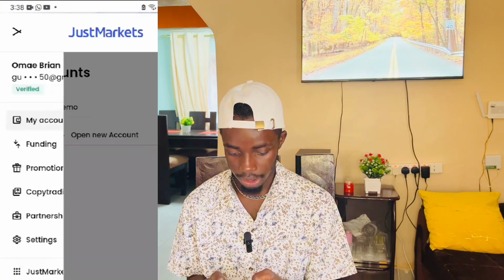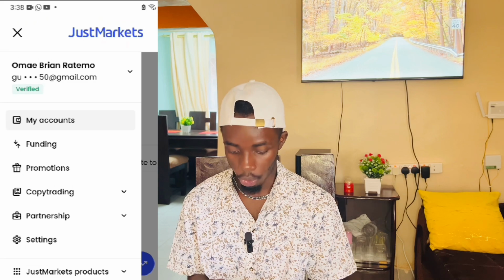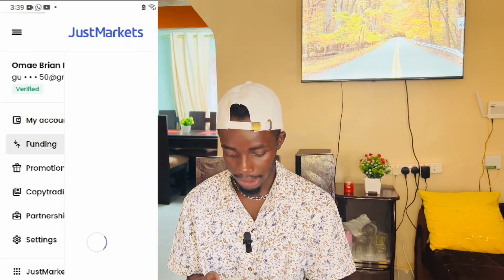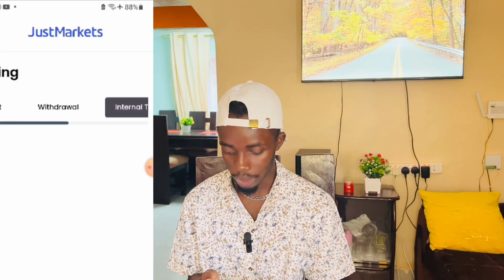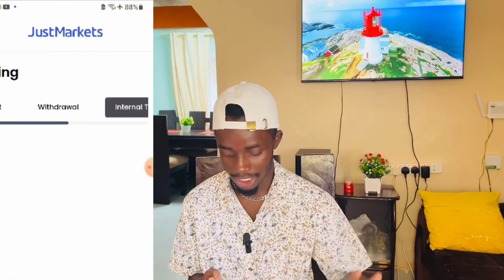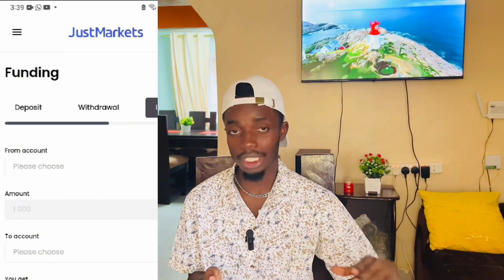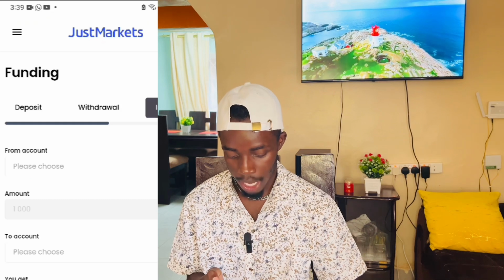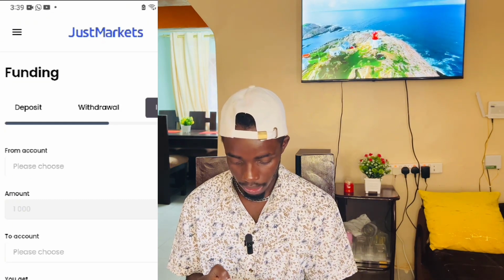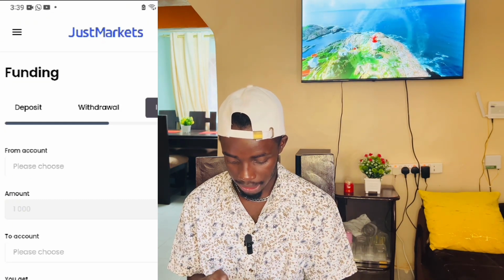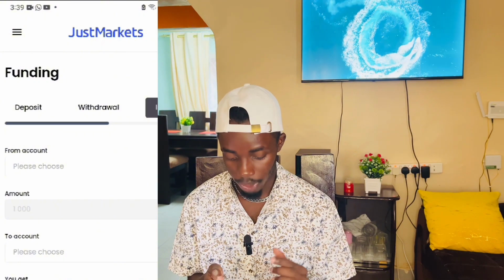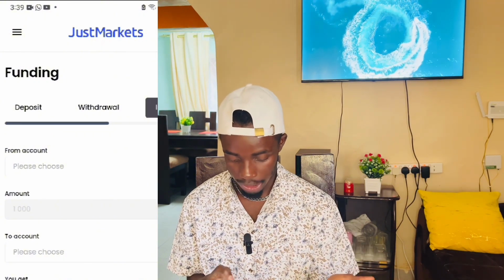Now after loading, the first thing you do is go on funding, and then on funding we go to internal transfer. Because I have multiple accounts, I just want to transfer $50 from one account to the other one that I want to trade. Now choose the account you want to transfer the money to and the amount.